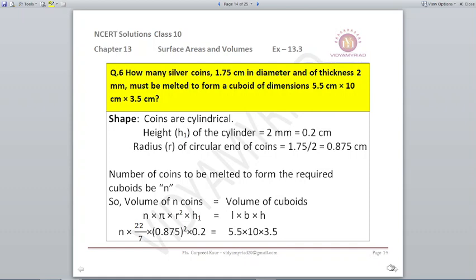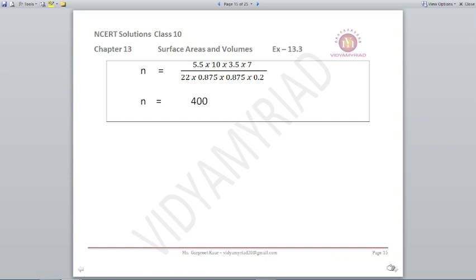If you find it confusing that we are calculating with n coins, you can even divide afterwards. First find the volume of the coins, find the volume of the cuboid, and divide to find out the number of coins that are used. It is your choice, you can do it like that also. So we can just put the values here and we will come to know that n comes out to be 400.